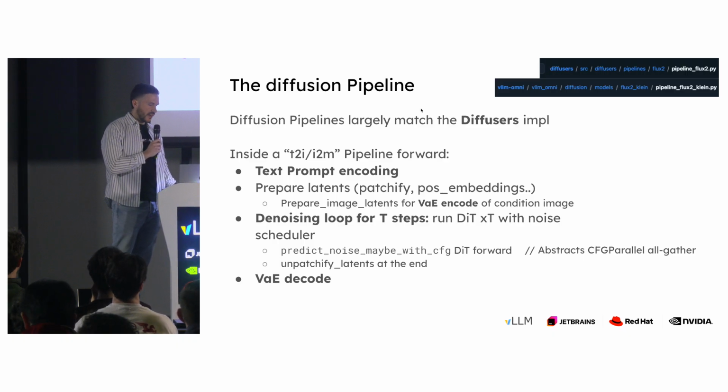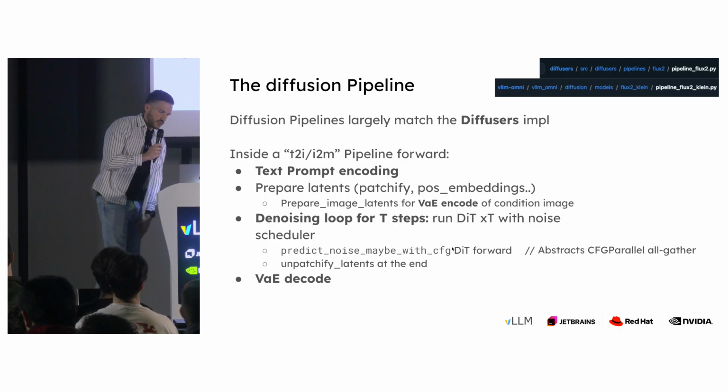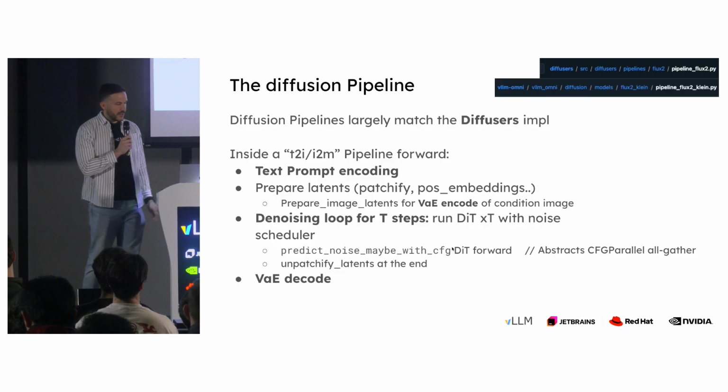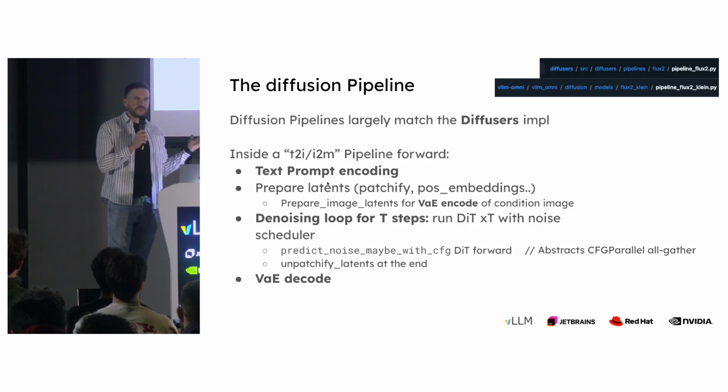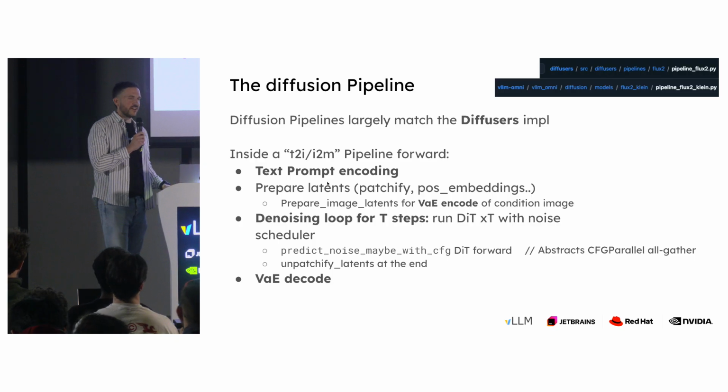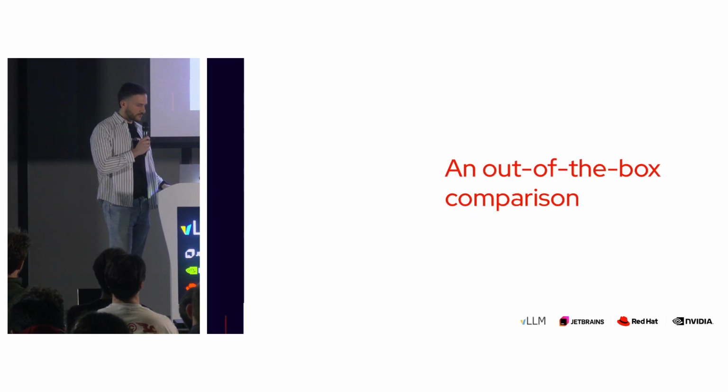So I just want to highlight that other than the text encoding, this part here is what is currently being abstracted away, but more work is ongoing to abstract more things and make them shared, so that when you add a new model, you don't have to re-implement, for instance, the encoding, which currently has no abstraction. You just have to redo it for every model.